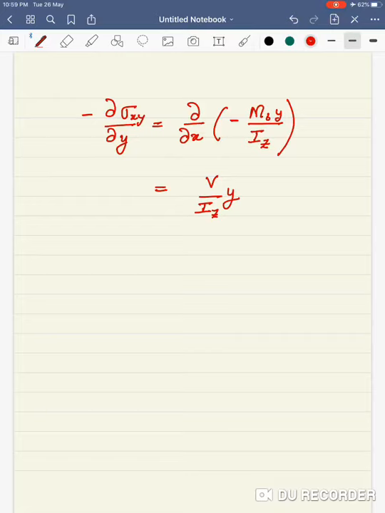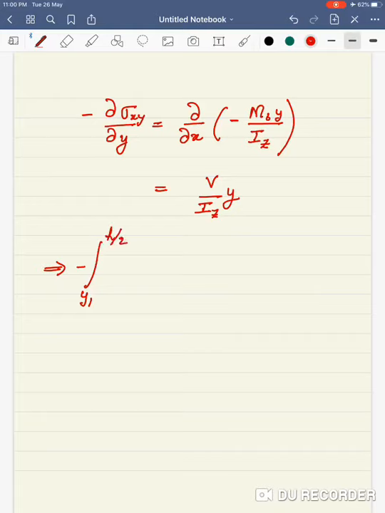And now if you need to find out the sigma xy, then all you need to do is just do one integration. So what I'm gaining here is that by using this approach, I have reduced my integration to just a simple single integration. So if you do this integration properly, then you will have y1 on one side, h by 2 on the other side.